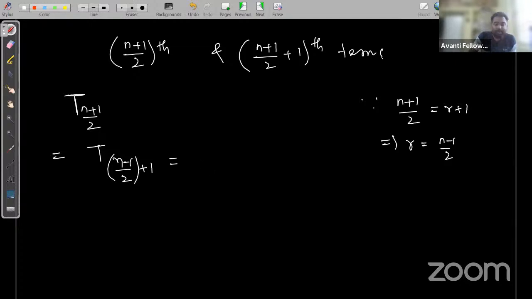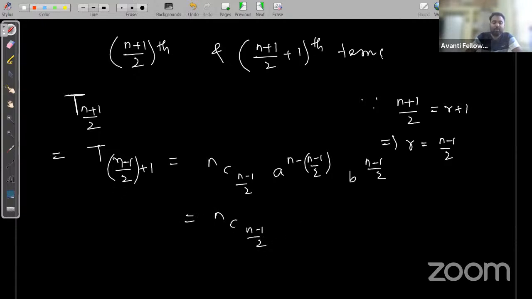So that is nC((n - 1)/2), from nCr times a^(n - r) b^r, where n - r is n - (n - 1)/2, and b to the power (n - 1)/2. If we simplify it, we get nC((n - 1)/2).